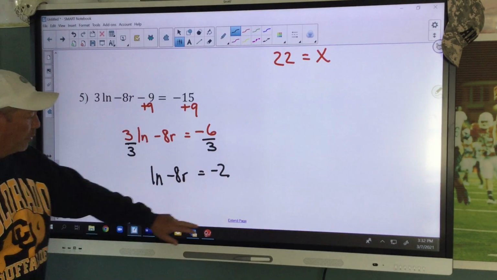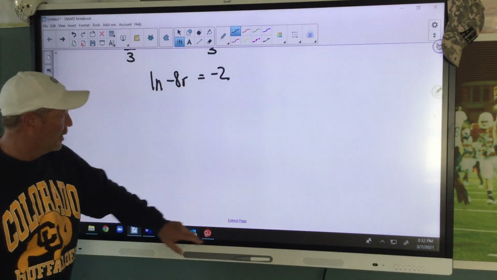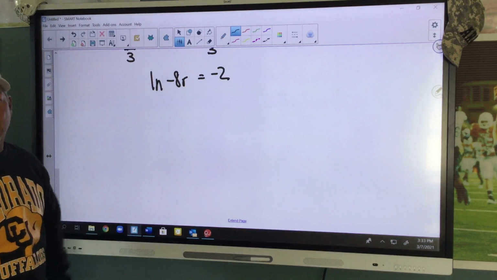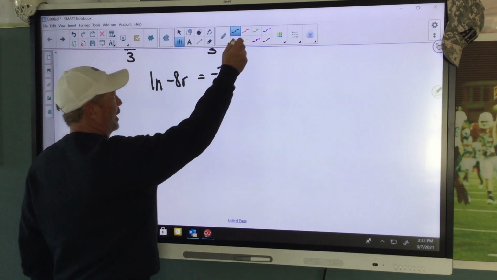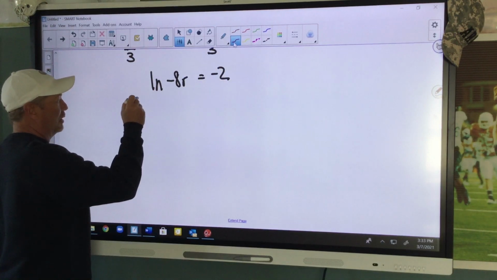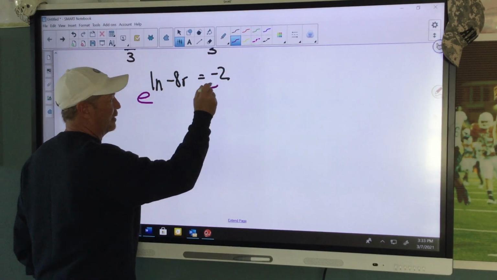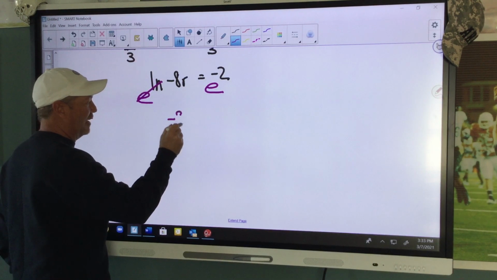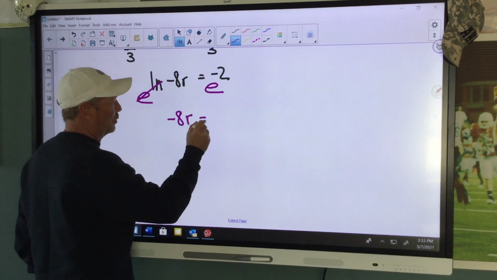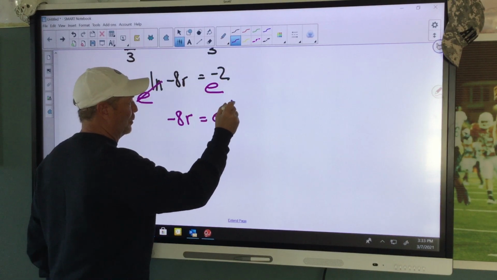All right, so now we're at this point to where we would like to get rid of the natural log. To get rid of the natural log, we're going to ask you to use e. This will cancel. That will be negative 8r equals e to the negative 2.